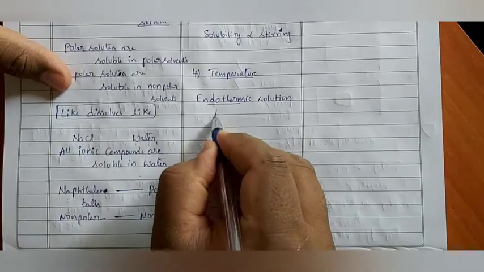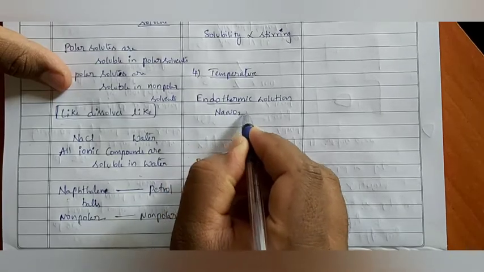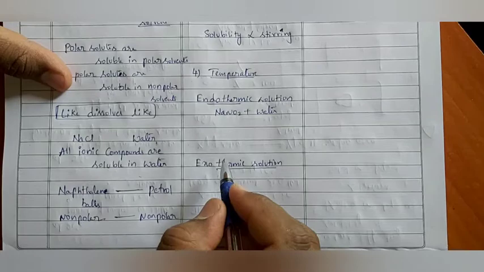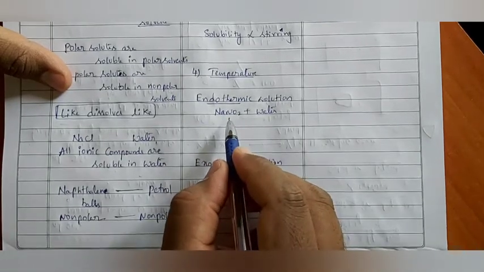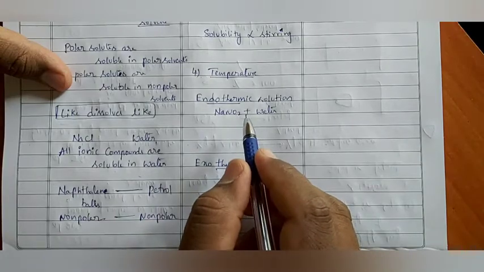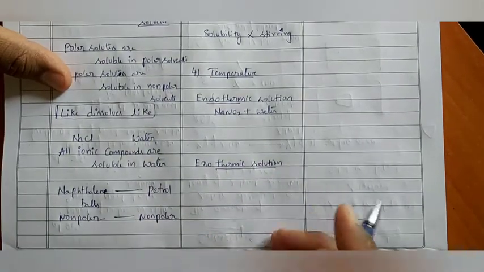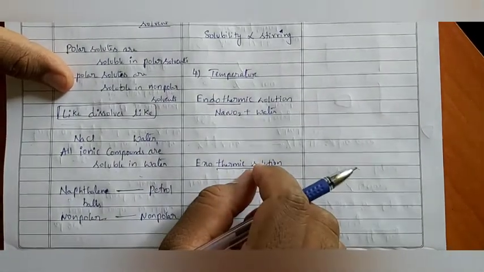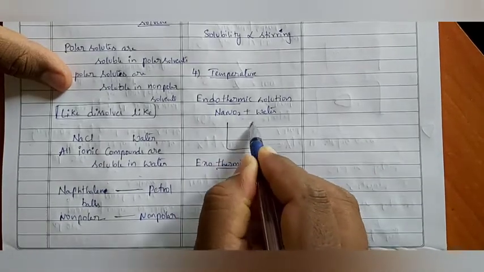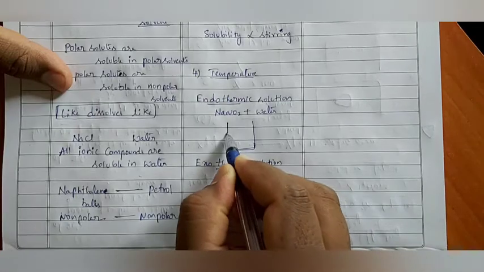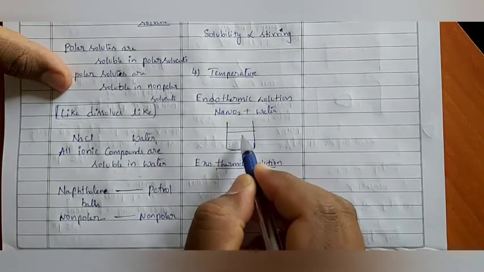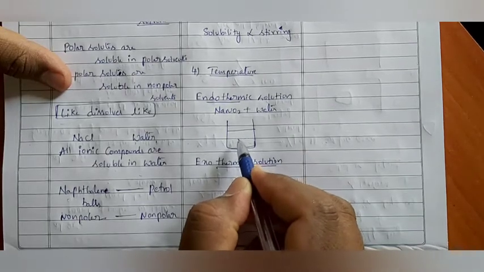Example for endothermic solution: NaNO2 plus water. When sodium nitrite is added to water, at the time of adding, if you touch the beaker, it will be cold. This is the beaker which contains water. While we are adding NaNO2, it dissolves. A homogeneous mixture will be formed.